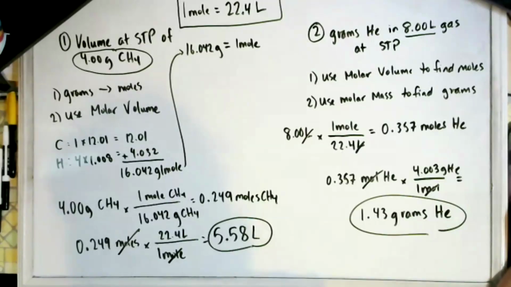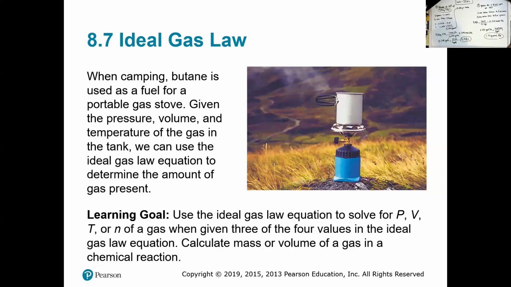This next section talks about what's called the ideal gas law. Share my screen again. And the ideal gas law is kind of like the culmination, the conclusion of all of those simple gas laws and the combined gas law that we've already talked about.